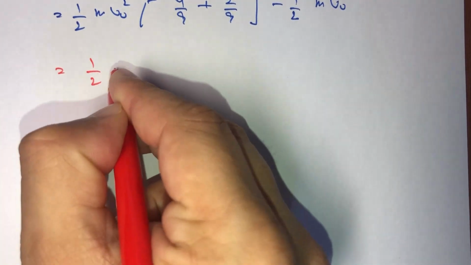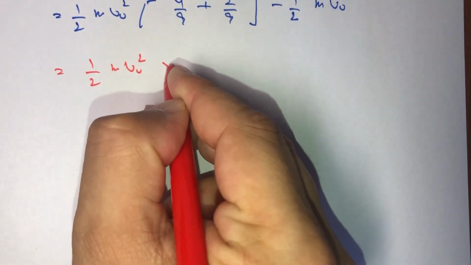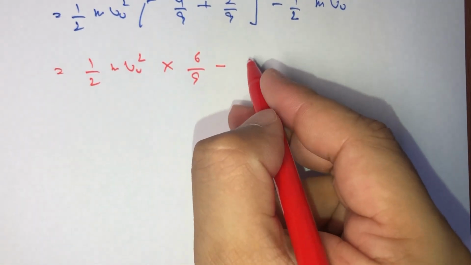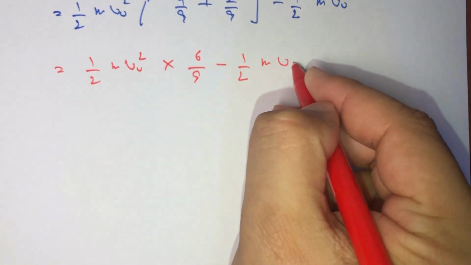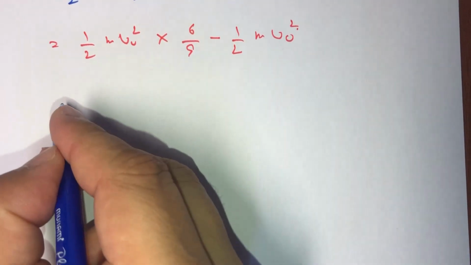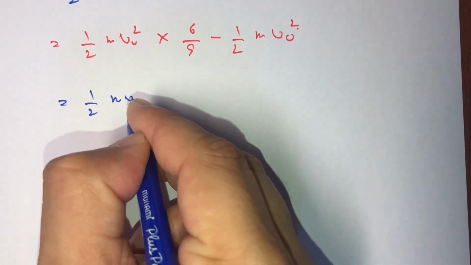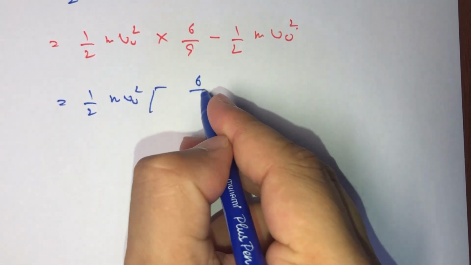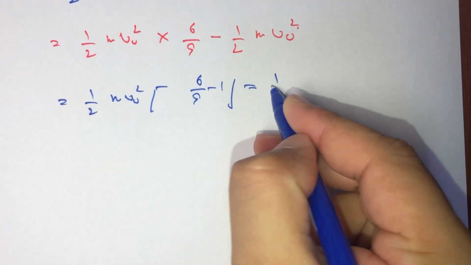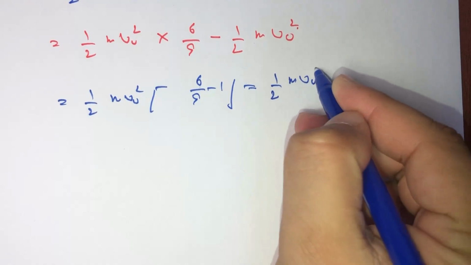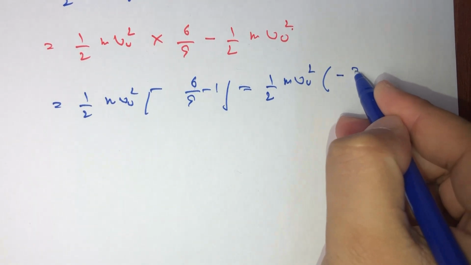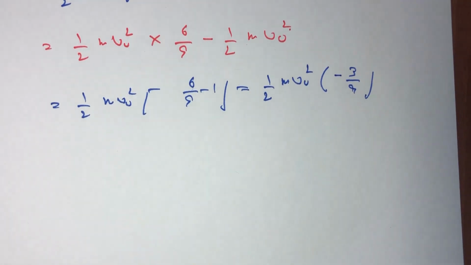So this becomes half m v naught square times 6 by 9 minus 1, which is equal to minus 3 by 9.